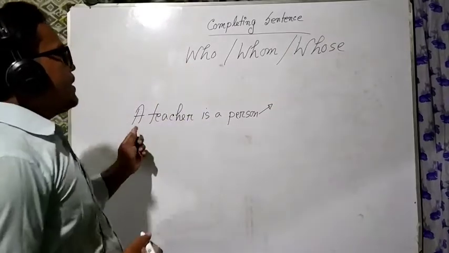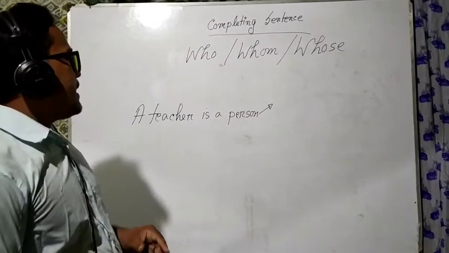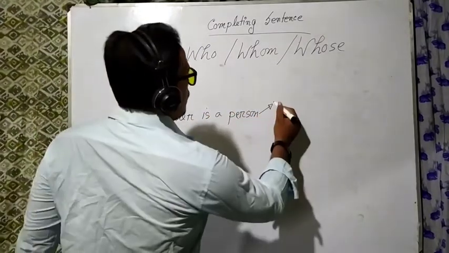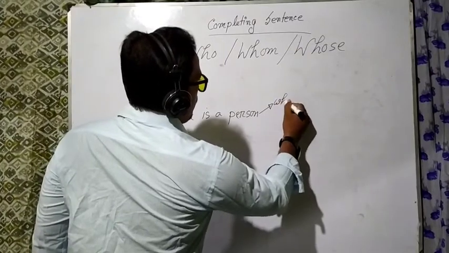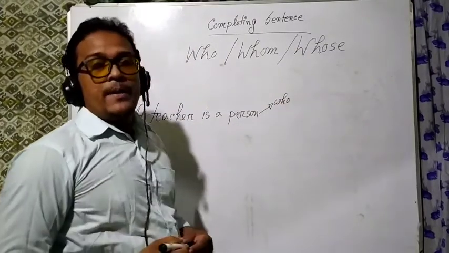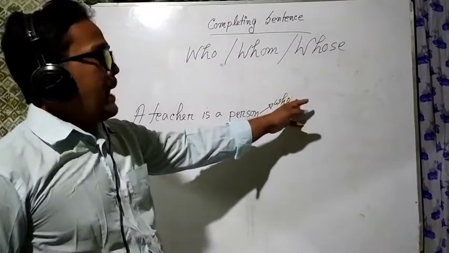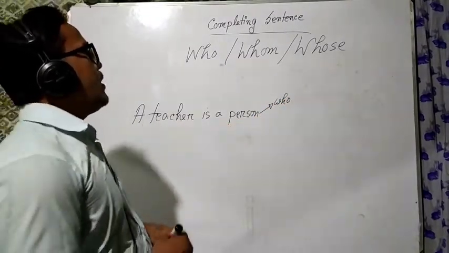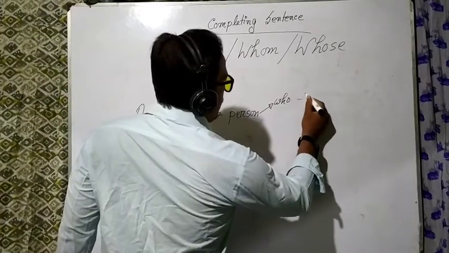If we see an incomplete sentence end with who, then we have to use verb plus object. So, a teacher is a person who teaches us.